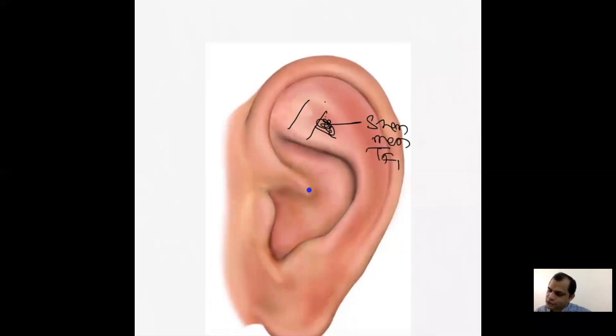But we forget this and put the Shanman down in this part. We subdivide correctly, but by mistake we put the Shanman down. That is the hip point, not Shanman.